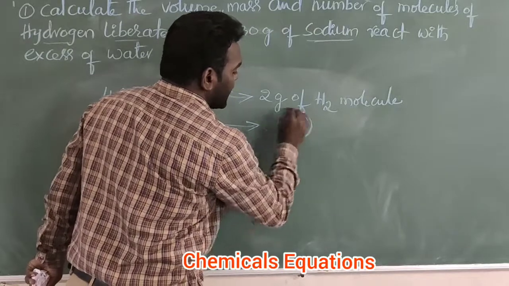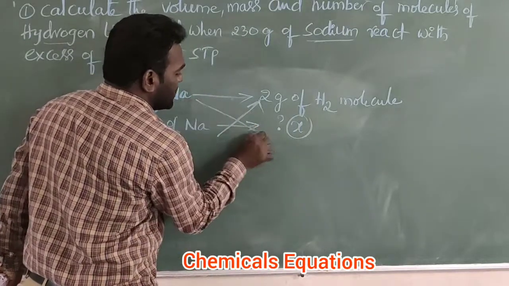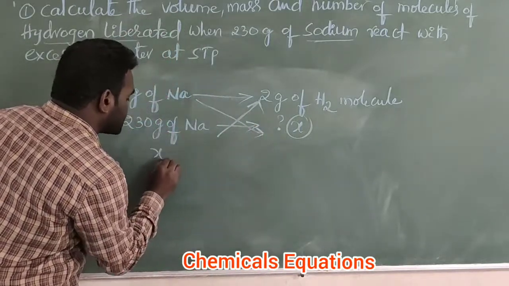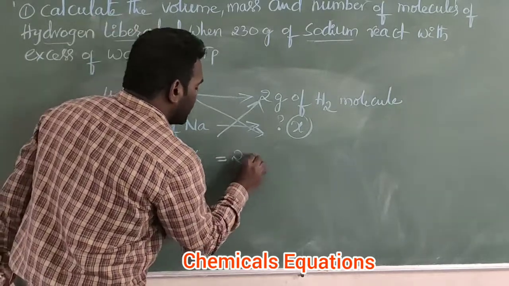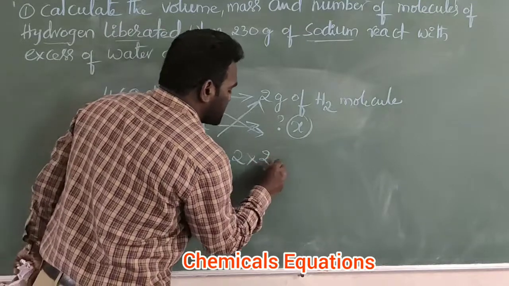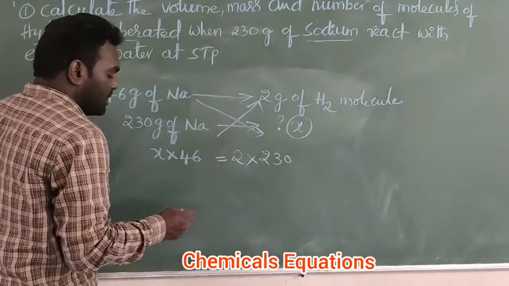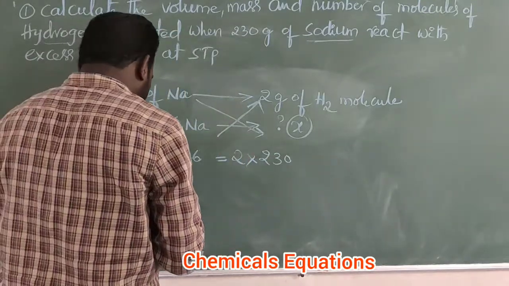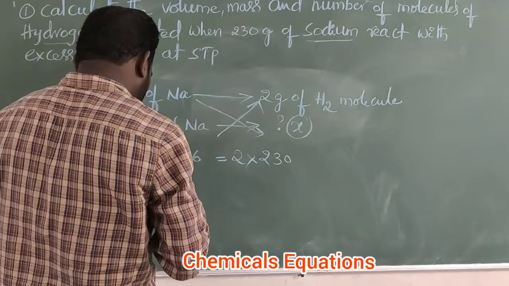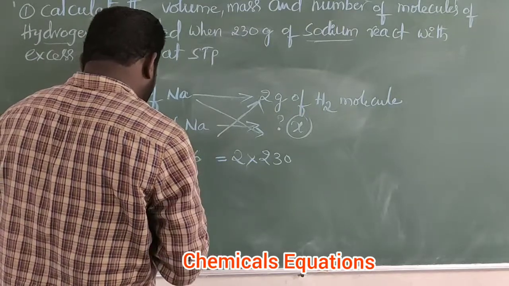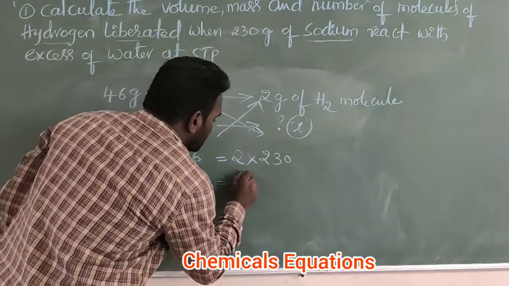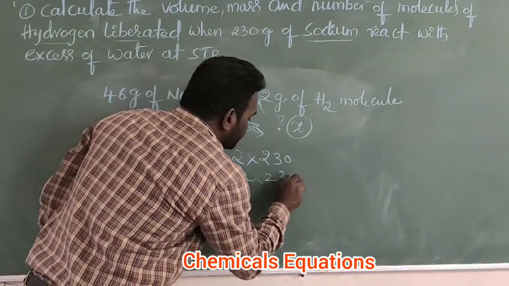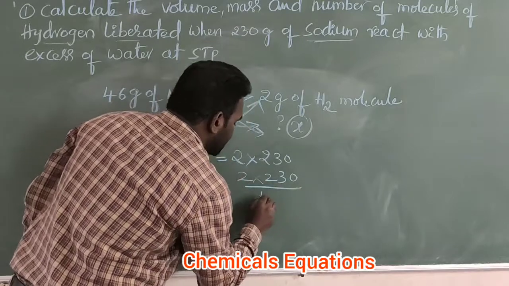This one you can take as x, and here you will cross multiply. Then you can write x into 46 is equal to 2 into 230 grams. So here x is equal to 2 into 230 divided by 46.